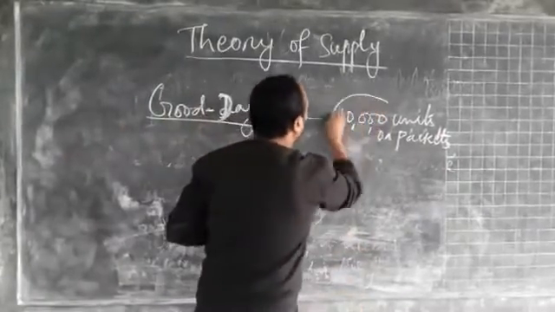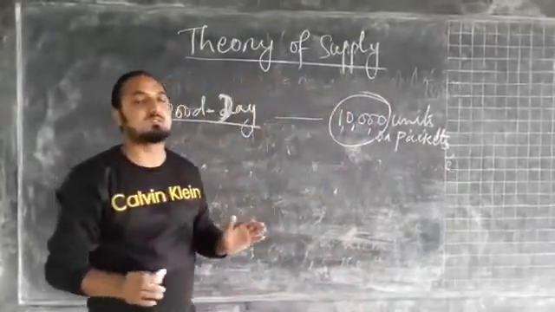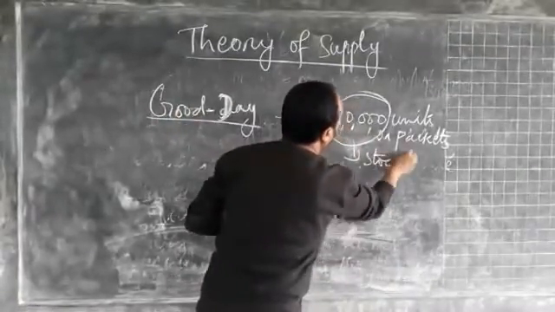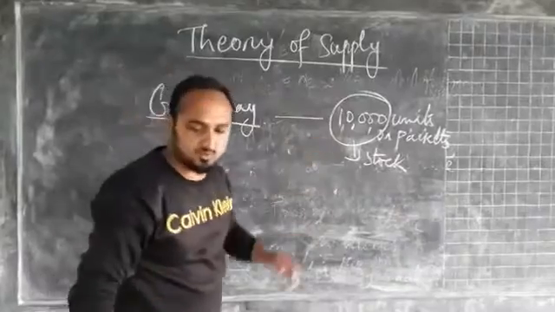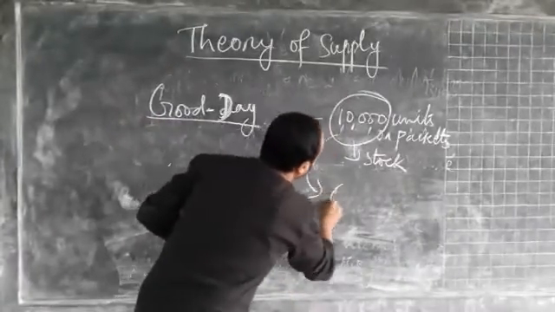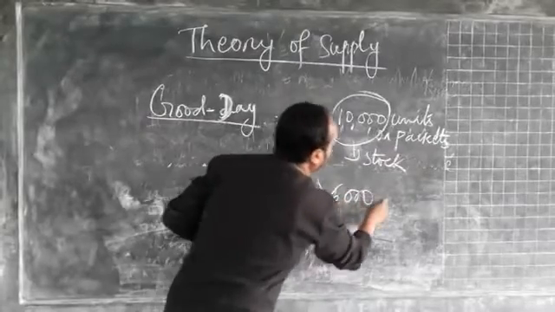So these 10,000 units of biscuits can be considered as a stock. And out of this 10,000, suppose the producers are bringing only 6,000 units.